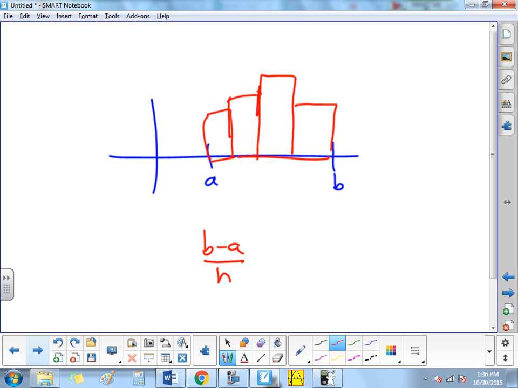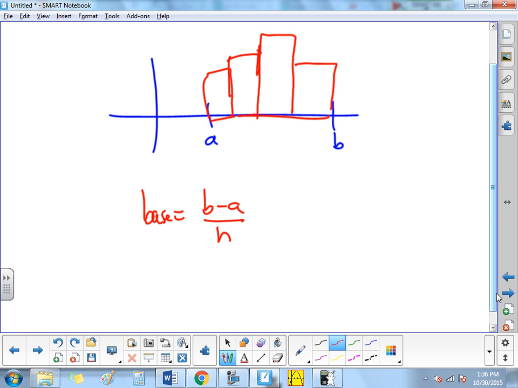If it's 20 rectangles, it's B minus A split into 20 parts. This is like your base. This is assuming you keep all your bases the same. Okay? Your heights really depend on the function. Those are like your y values in the function. So the heights are just like f of x sub i, where it could be f of x1 or f of x2 or f of x3 or whatever. Okay?